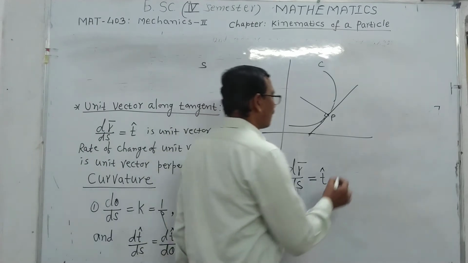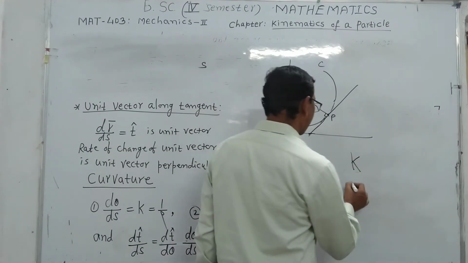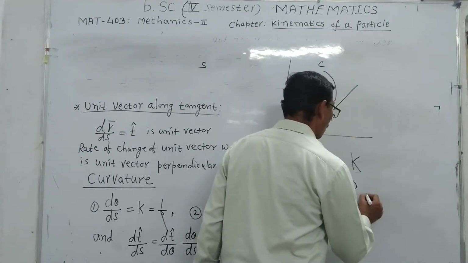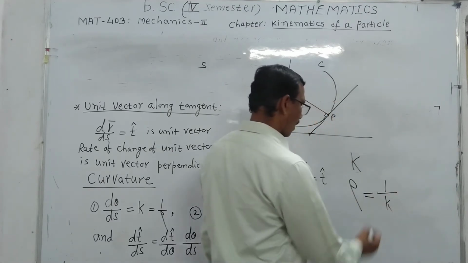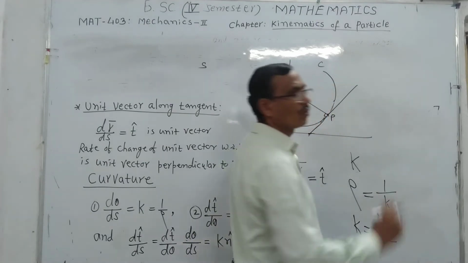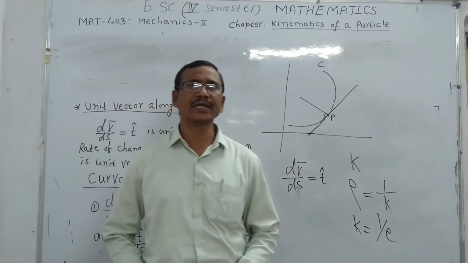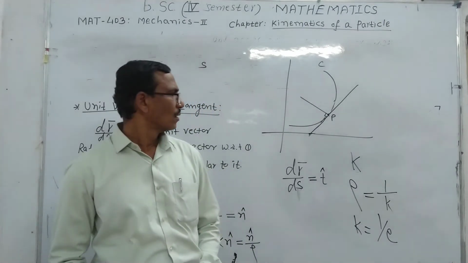That means if k is the curvature, then the radius of curvature rho is equal to 1 upon k, or in other words, k is equal to 1 upon rho. That means curvature and radius of curvature are reciprocals of each other. Okay?